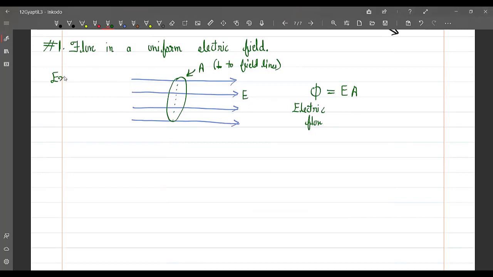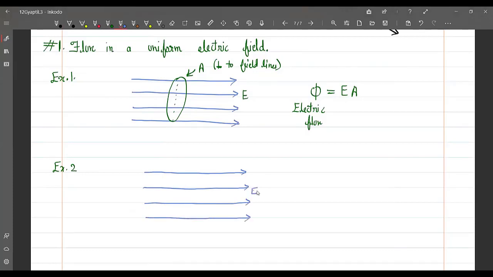So this is example 1, I'll also take example 2. Let us say my electric field line is like this, and my area is not perpendicular, but something like this.